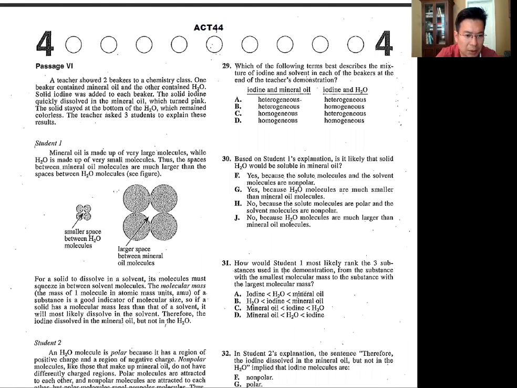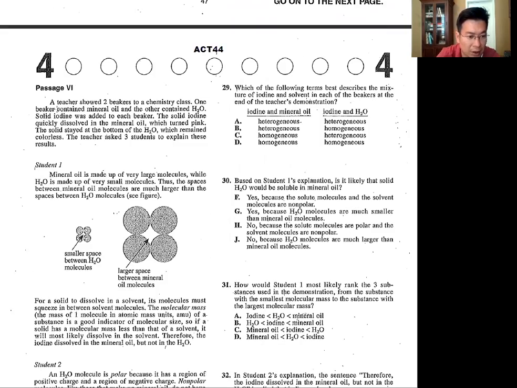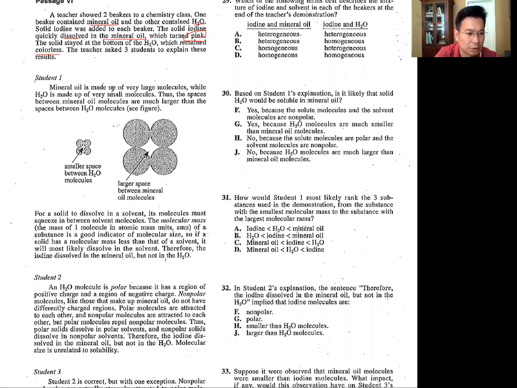This one is about passage reading. You have to read first and understand what's going on. The teacher showed 2 beakers in chemistry class. 1 beaker contains mineral oil and the other contains water. Solid iodine was added to each beaker. Solid iodine quickly dissolves in the mineral oil and turns pink. And the solids at the bottom of the water remain colorless. The students explain why. Student 1 says iodine is made up of very large molecules, while H2O is very small molecules.